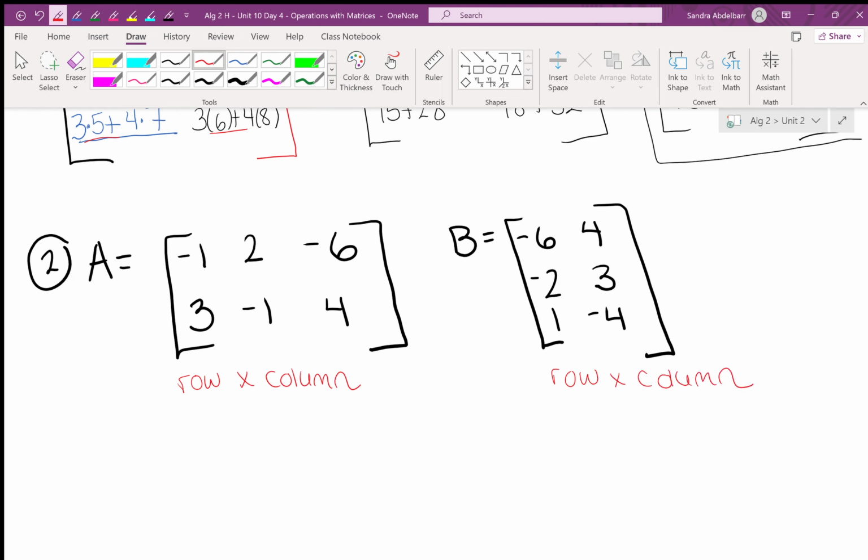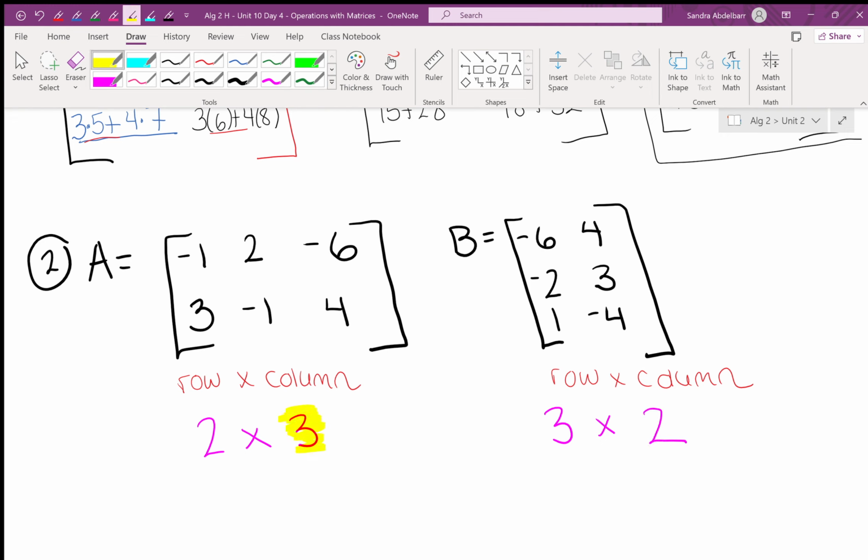All right, let's identify the dimensions. So remember, dimensions are number of rows by number of columns. How many rows does the first matrix have? 2 rows. How many columns does it have? 3. All right, the second matrix B, how many rows does it have? 3. How many columns does it have? 2. All right, what do I need to make sure is the same?